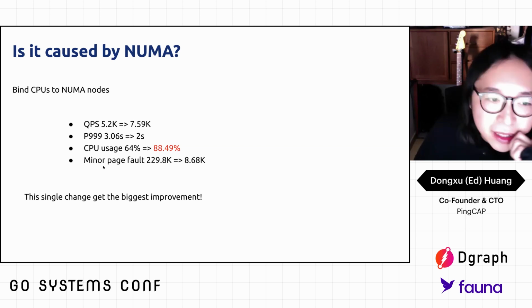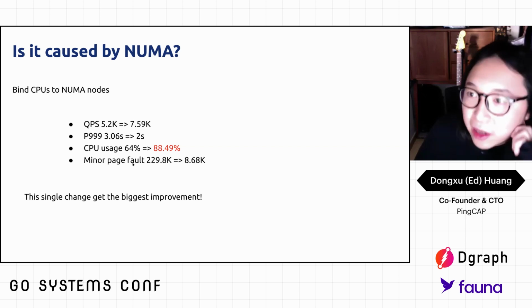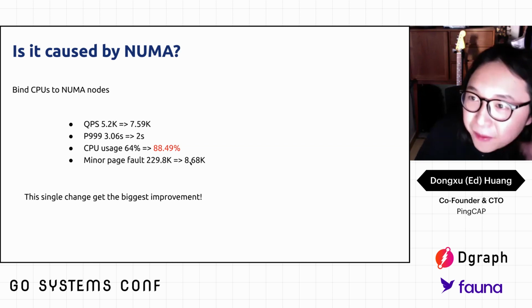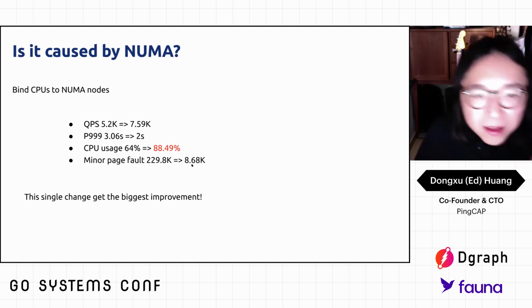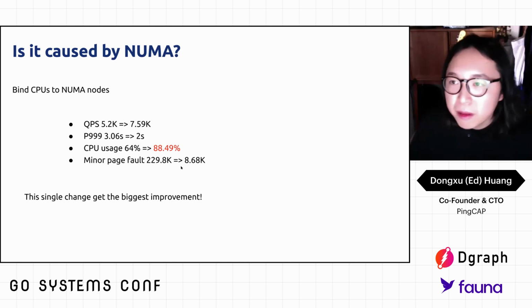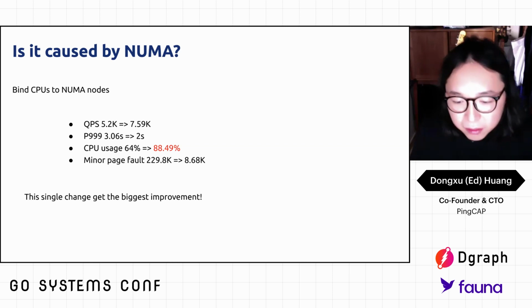Another interesting metric is the page fault, which significantly decreased. So it's a very small change in the deployment method, but it gave the biggest improvement, right?